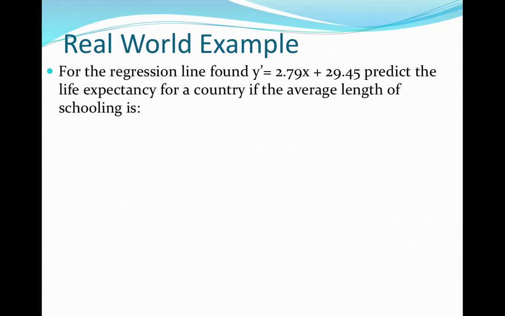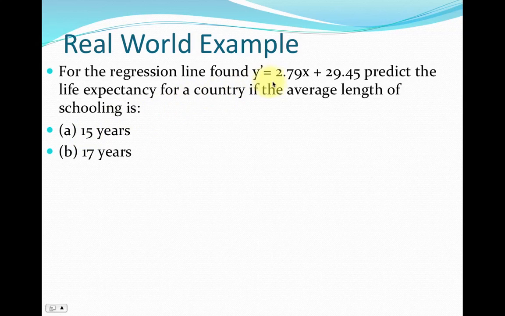Okay, so the first one we were asked to predict was, what is the life expectancy for a country if the average length of schooling is 15 years? And then we're going to do it for 17 years. Well, remember that average length of schooling was the variable x. So if the variable x is 15, predict the value for y prime.